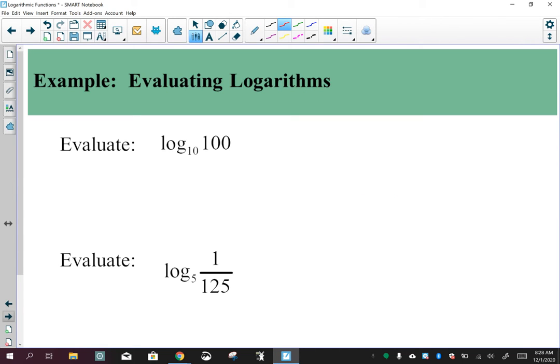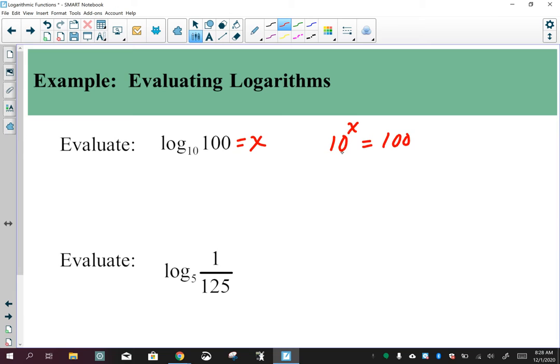So if I have this, I can't do anything with the way this is written right now. So I need to set this, and just pick your favorite letter. I'm going to use x just because. All right. So I'm going to set that equal to that right there. Remember, this is my base, that's my exponent, and this is my answer. So I have 10 to the x is equal to 100.